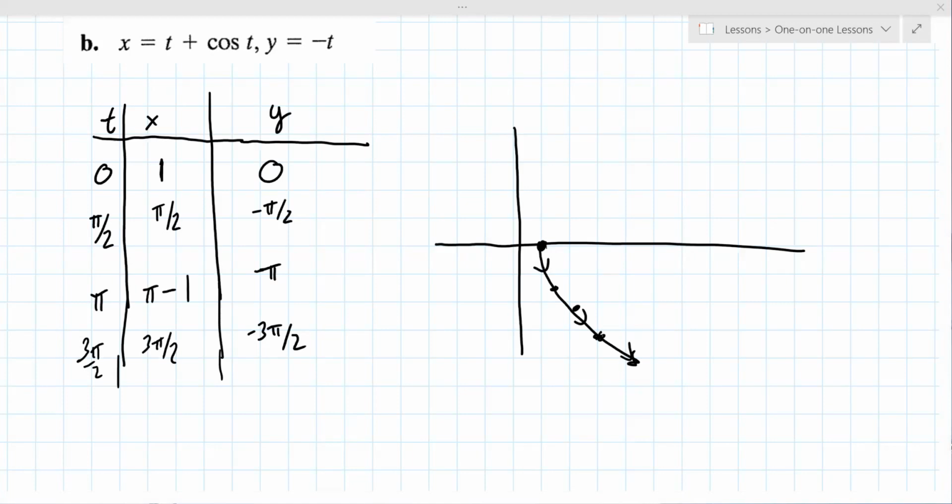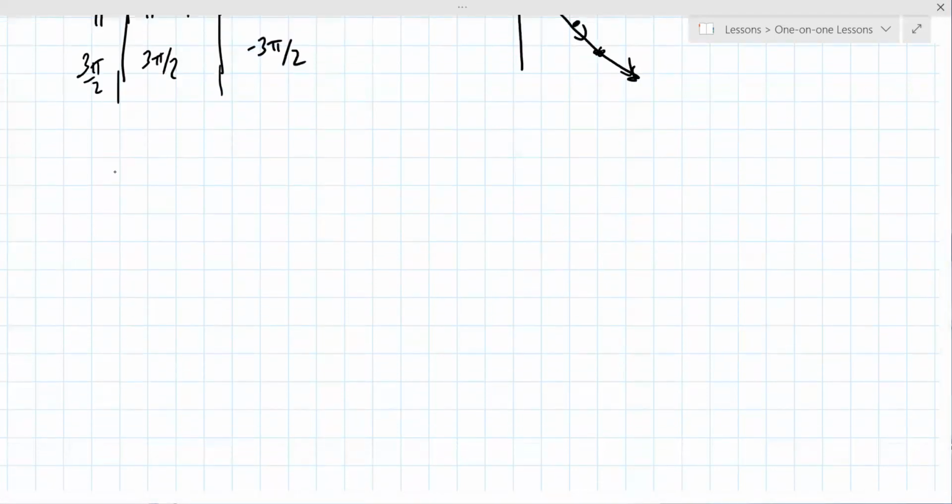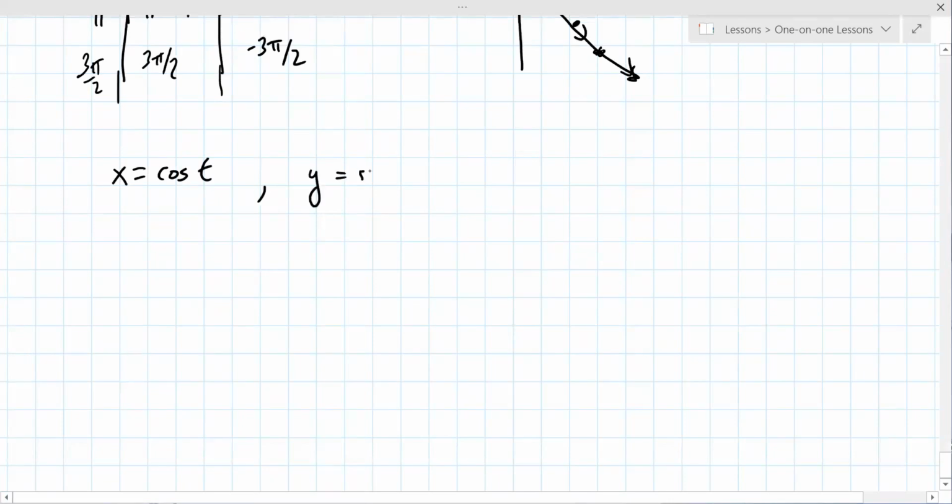Now I'm trying to think of all the questions that you could be asked here. This is very conceptual, but let's say x equals cosine t and y equals sine t, and I tell you that t goes from 0 to 2 pi.